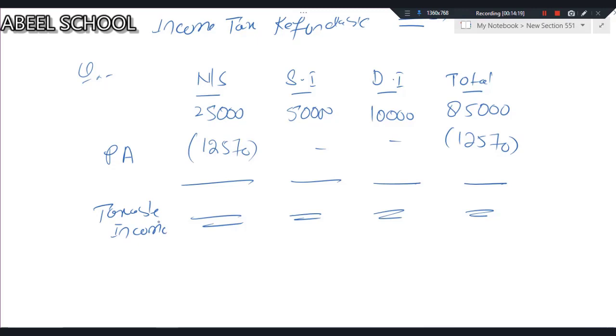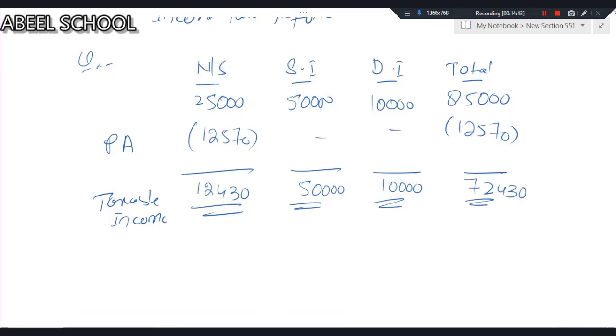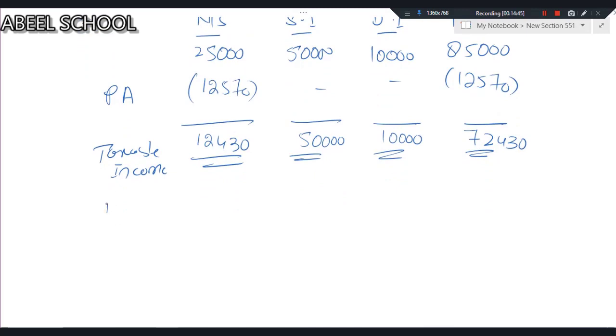So 25,000 minus 12,570, the taxable income is 12,430. Over here it is 50,000 and 10,000. I'm getting 72,430. Okay, now what? Let us calculate income tax.